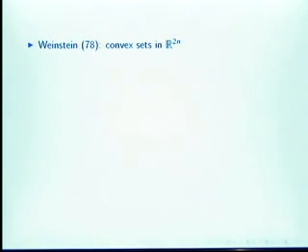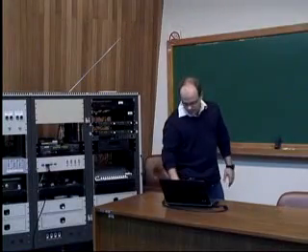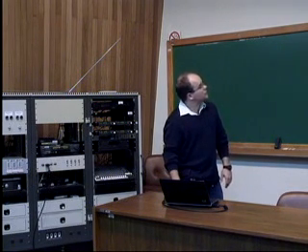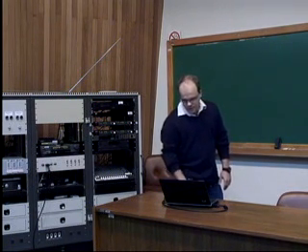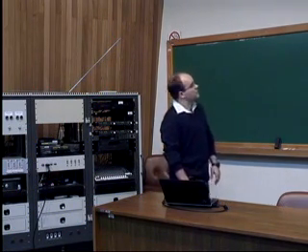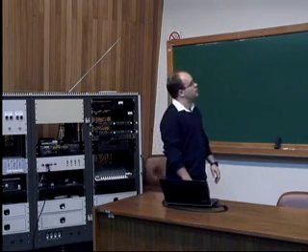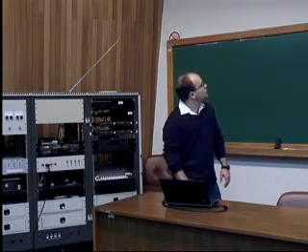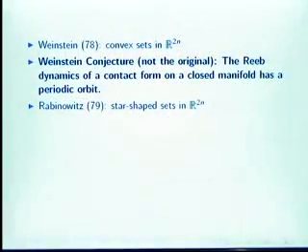It started with Weinstein in '78, where he looked for Hamiltonian orbits in energy levels which are convex in R^2n, and he proved the existence for these levels, and he made his famous conjecture, which, the one that's written there is not the original one, which says that Reeb dynamics always has a closed periodic orbit. Rabinowitz, '79, well, he studied the dynamics on star-shaped sets and also proved the existence of periodic orbits.